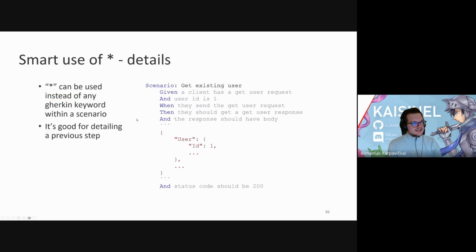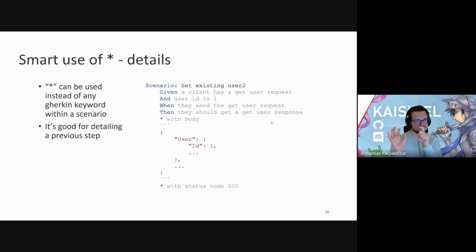I think an asterisk can make code more readable, and here is how. If you have multiple assertions or specifications for the previous step, you can put emphasis on that detail, that this is indeed a detail of the previous thing.